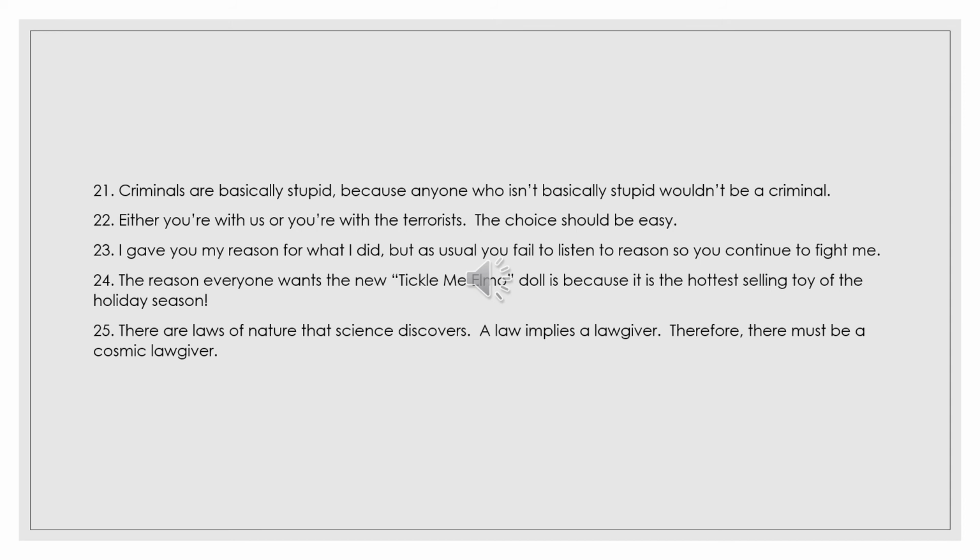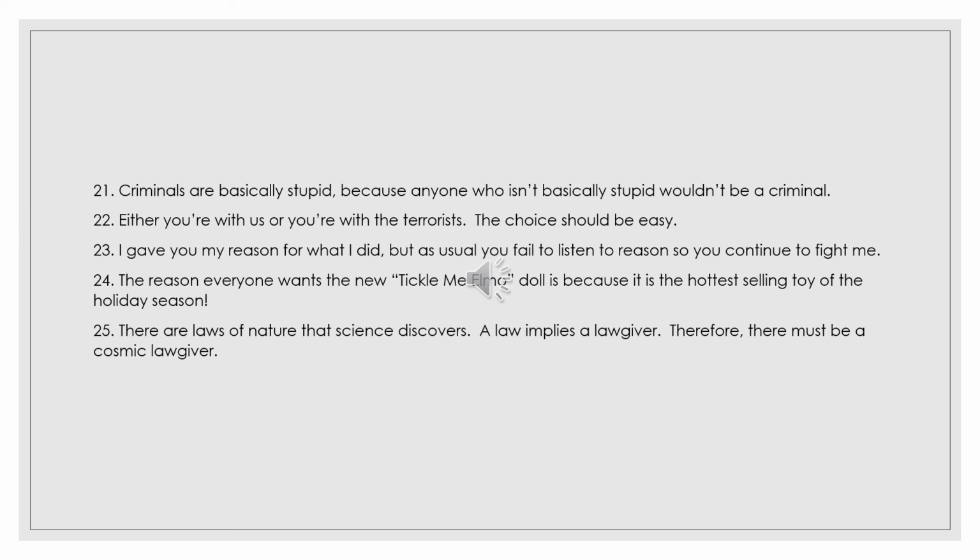And 25 is another example of an equivocation, and here we're equivocating on the word law. There are laws of nature that science discovers, and by laws in that first statement we mean mathematically describable physical regularities. The second statement says a law implies a lawgiver. Here we're using the word law not in the sense of a law of nature, but rather in the sense of a civil law, like the laws that the court system enforces, for example.